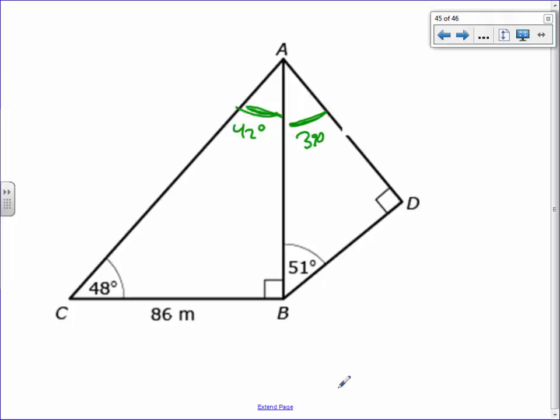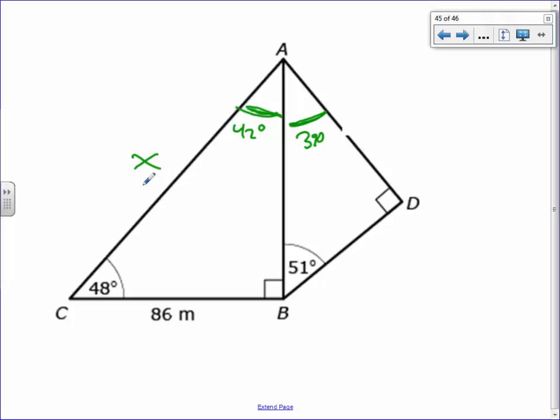Which side should we start for? Why don't we call this one X and we'll start there. You have options. You could use sine, you could use cosine, you could use any of the angles you want. Why couldn't you use tan to solve for this X side right here though? Yeah, tan is opposite over adjacent, and this is neither the opposite nor the adjacent, so that doesn't help. So we just need to pick something that works.